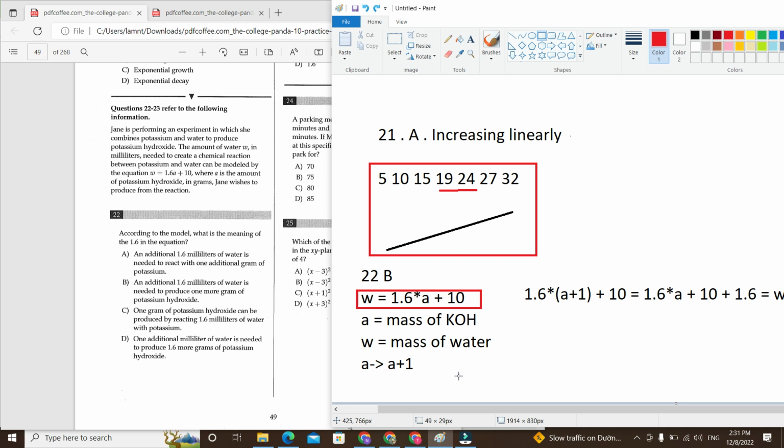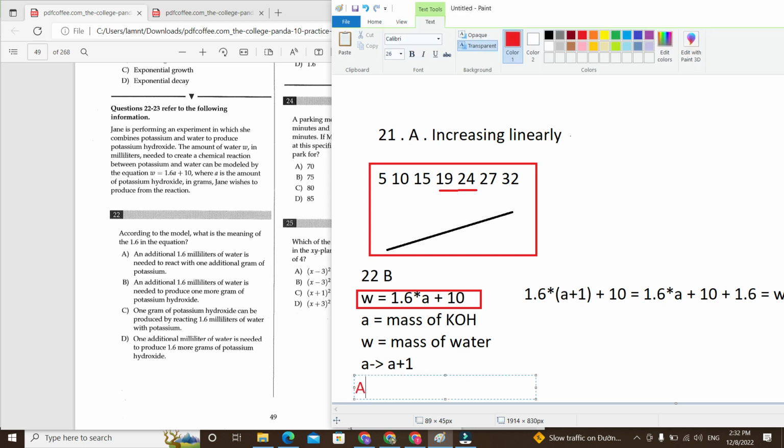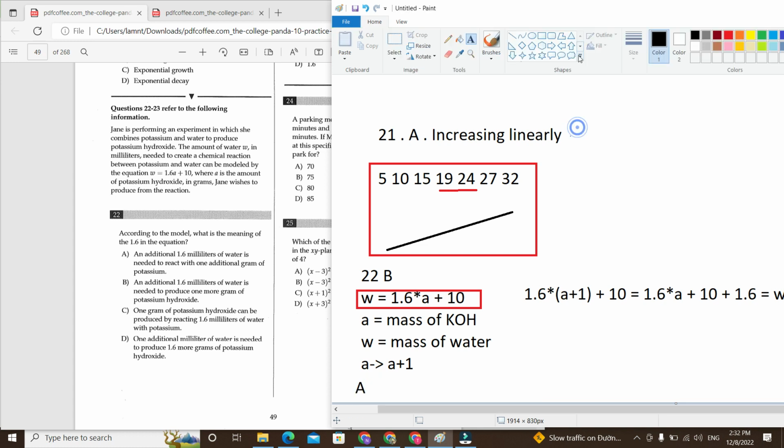Let's look at option C. 1 gram of potassium hydroxide can be produced by reacting 1.6 milliliter of water with potassium. That's kind of interesting. A is wrong, so we cross out A because we have nothing to do with potassium only.